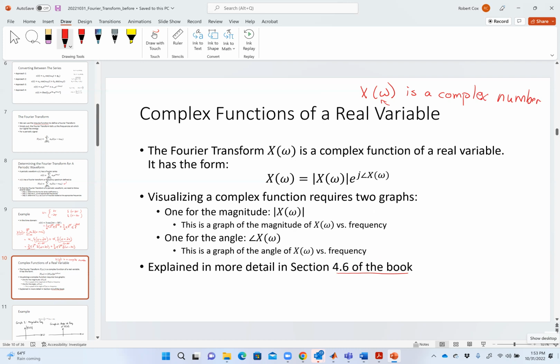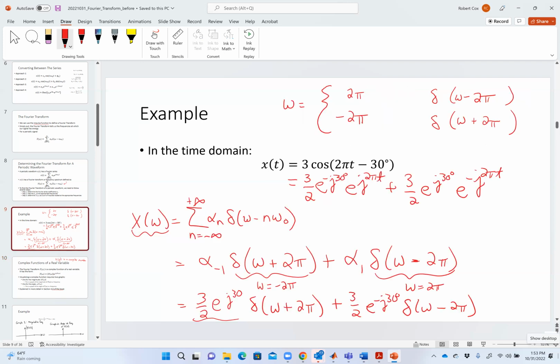Back in chapter 4, when we first started with complex numbers, we didn't talk about complex functions. It's a pretty simple concept. There are two things for me to graph. At each of these locations, I plot a magnitude and an angle, two separate graphs.